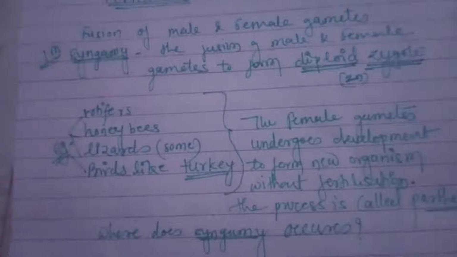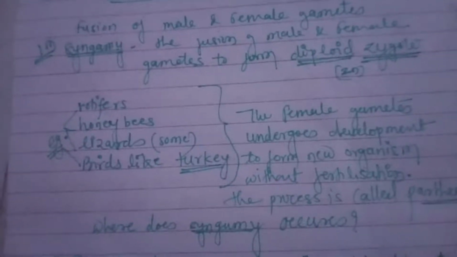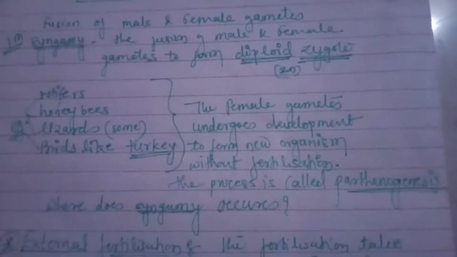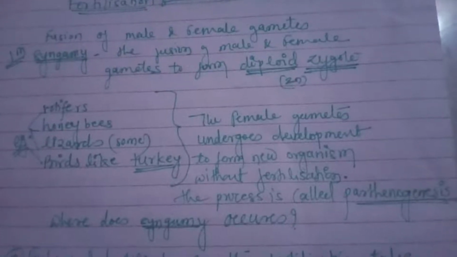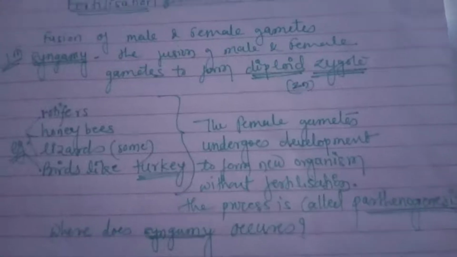And examples: rotifers, honeybees, lizards, and some birds like turkey. In turkey there is parthenogenesis, in the sense the female gamete develops to form a new organism without fertilization.